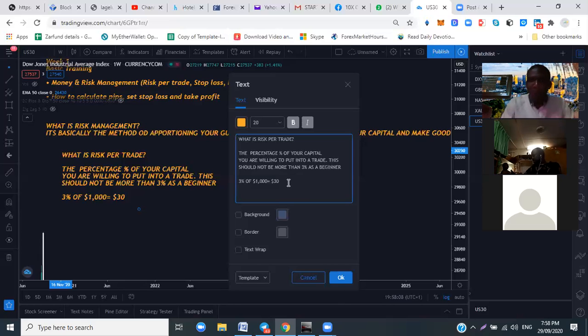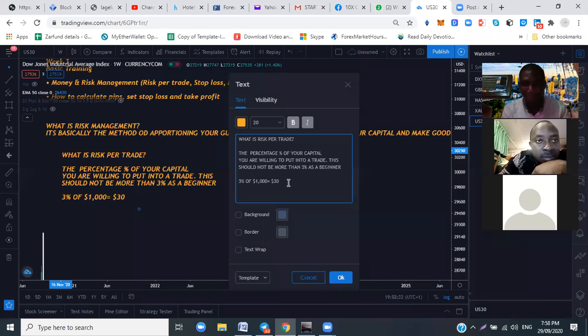Now, how do you determine exactly how to risk this $30? You want to enter a trade, and your goal is to risk no more than 3% of your account, which is $30. So how do you set your trade in such a way as to make sure that you do not risk more than $30 or 3%?